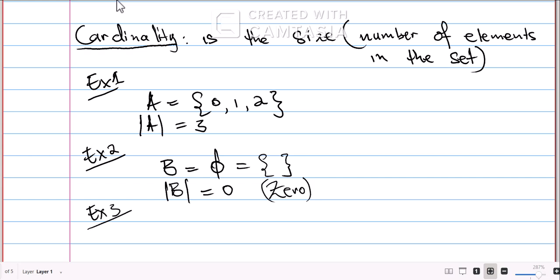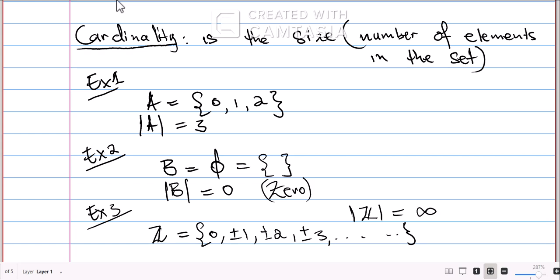For the third one, let's consider the integers. The set is 0, positive 1 and negative 1, positive 2 and negative 2, positive 3 and negative 3, and goes to infinity. What is the cardinality of the integers? The cardinality of the integers is infinity.